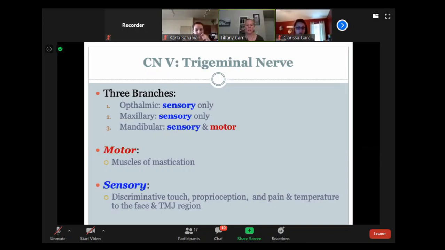It's going to be the muscles of mastication, and that's going to be the temporalis, the medial and lateral pterygoids, and the masseter. And he gives a really good picture showing those here in just a moment. The sensory being the discriminative touch, proprioception, pain and temperature of the face, and the TMJ region.